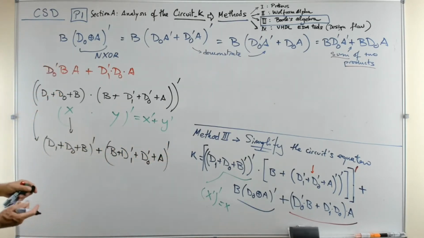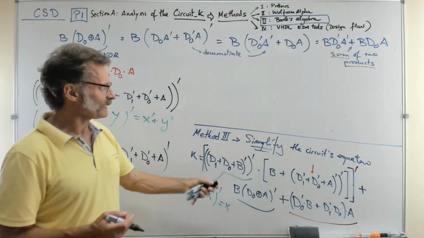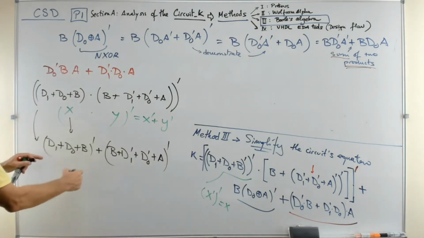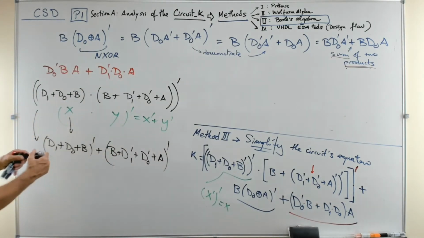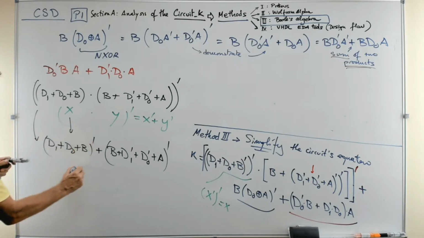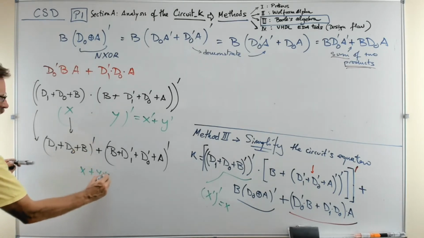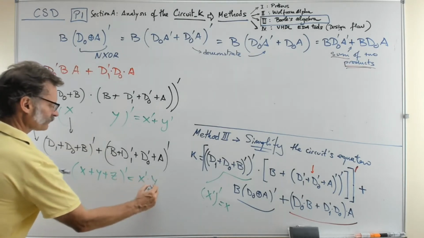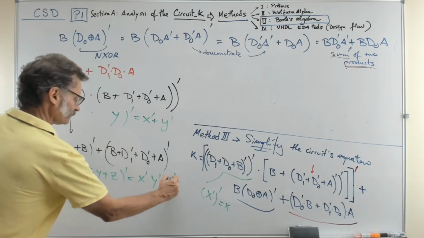So now you see, because we like to have products instead of sums, we can apply here another rule, another mechanism, which is x or y or z not is simply x not and y not and z not, something like this.